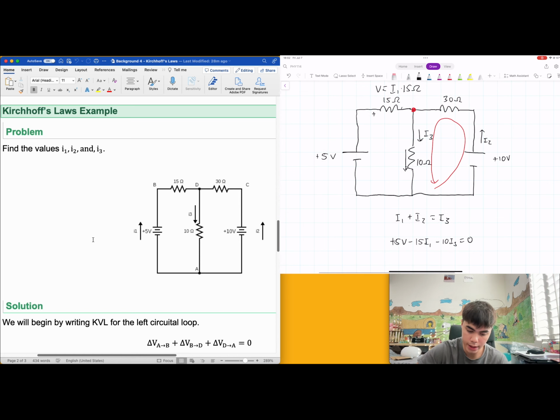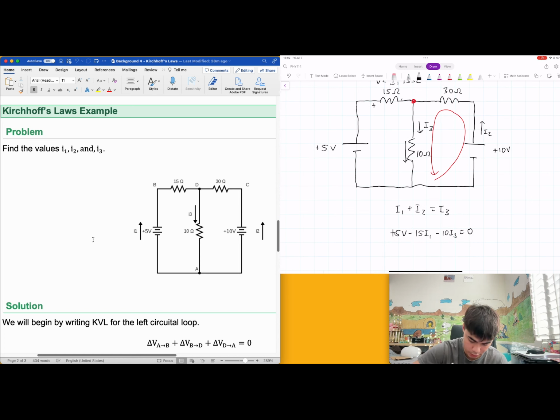We start by increasing 10 volts as we pass over the battery, and then here the current is I2, and here's the positive and the negative because the current flows from high to low. So we'll drop 30 times I2 there. And then down at this other resistor, we will again drop 10 I3.